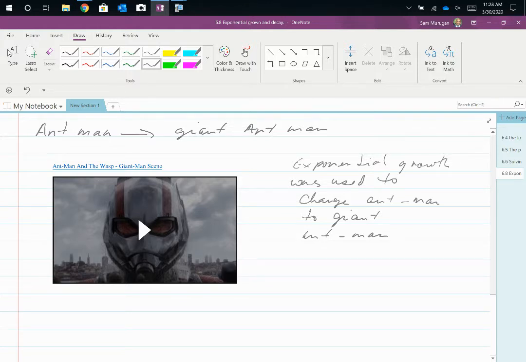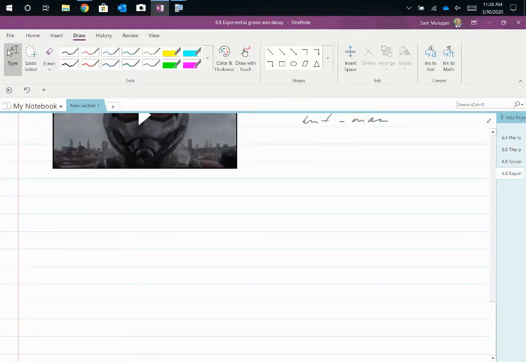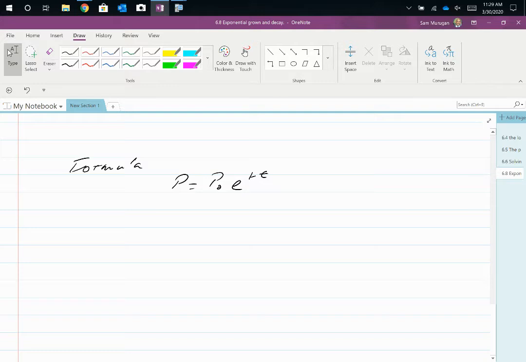Now, the general formula when we're discussing exponential growth in terms of the industry situation would be given by the formula P equals P0 e to the power rt, using the base e, or the number e, for the calculations, and putting the growth rate as a power of that e.